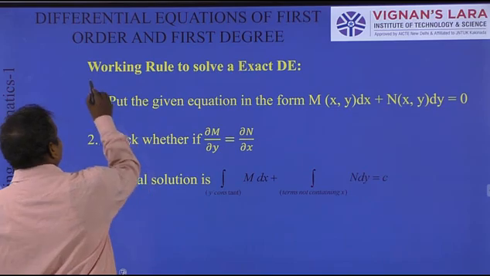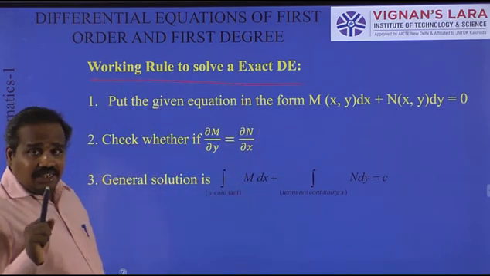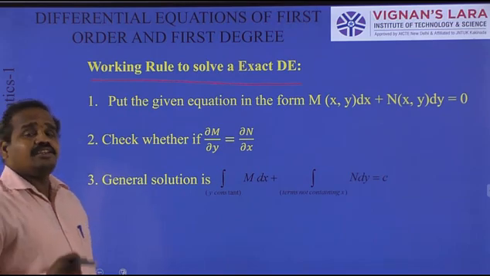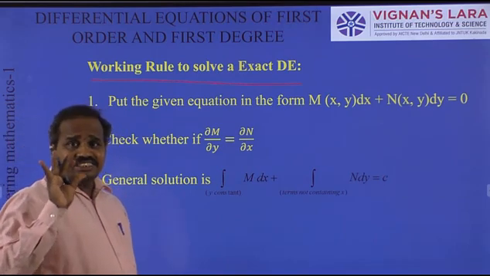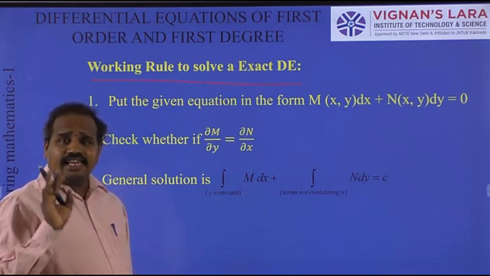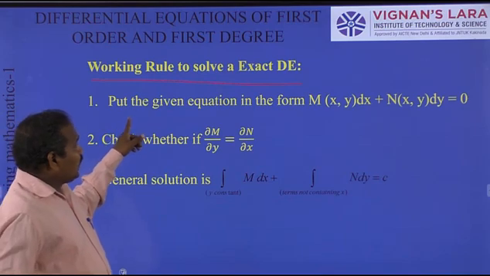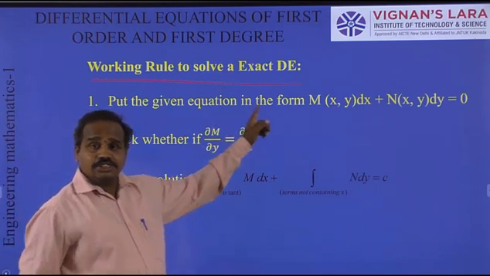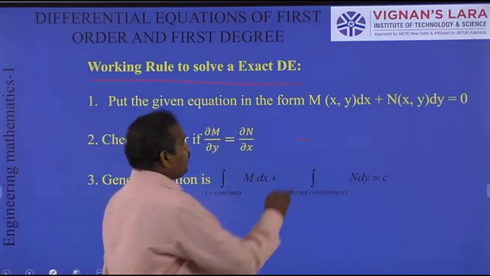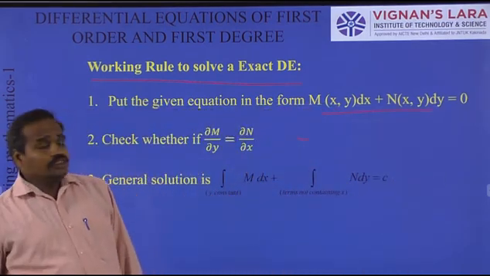Now the working rule: how to solve an exact differential equation. Mainly there are 3 steps required to solve any exact differential equation. First, convert the given equation into the form M dx plus N dy equal to 0.